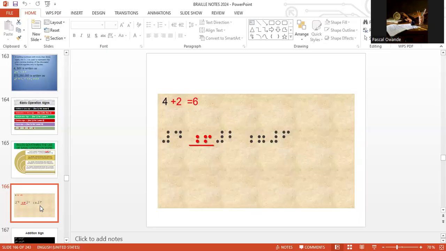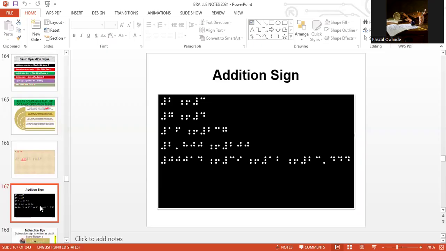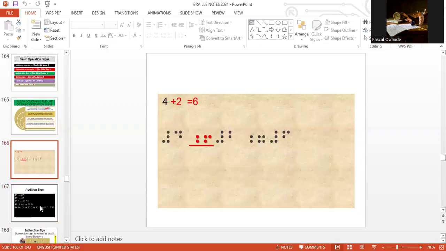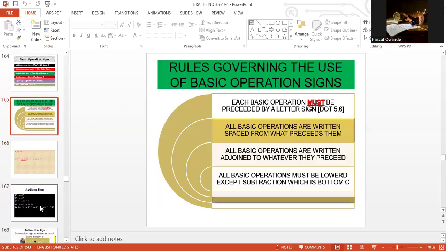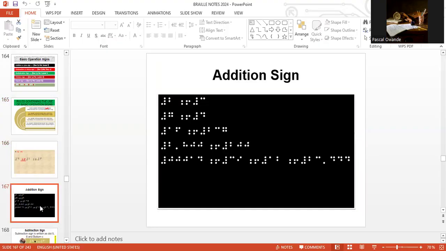Did you write the addition and 2 adjoined together without space? Yes. Did you space before writing the equal sign? Yes. Did you put dots 5-6 before lower g? Yes. And did you write numeral sign before writing 6? Yes. And did you join the equal sign and 6 together? Yes. And so that is how we are supposed to deal with basic operation signs.